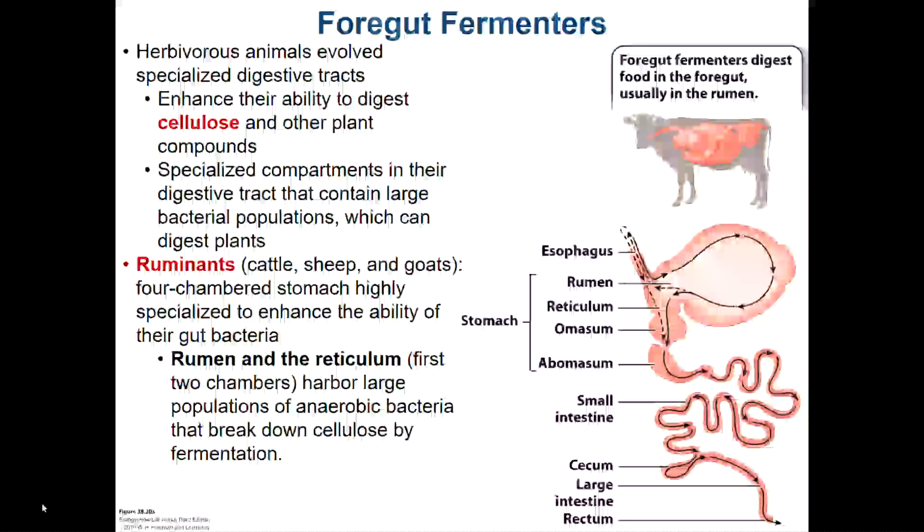The rumen and reticulum, which you can see here in the zoomed in picture of this cow's digestive system, harbors large populations of anaerobic bacteria that break down cellulose by fermentation, which then allows these broken down food particles to move into the small intestines, where they can get the maximum amount of nutrients out of their food.